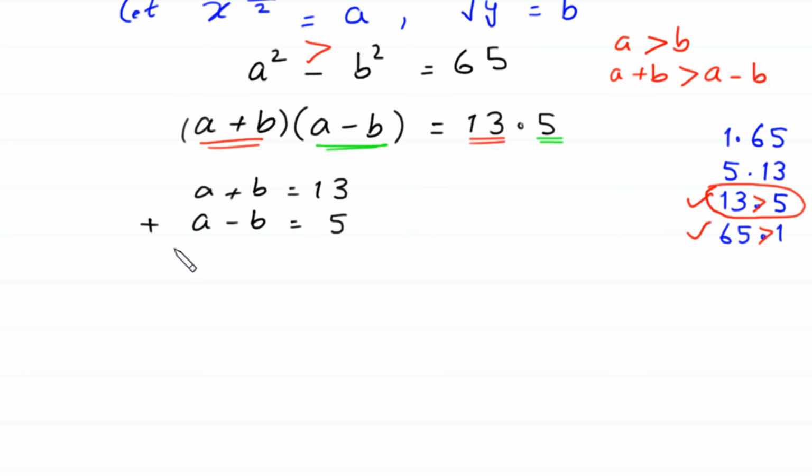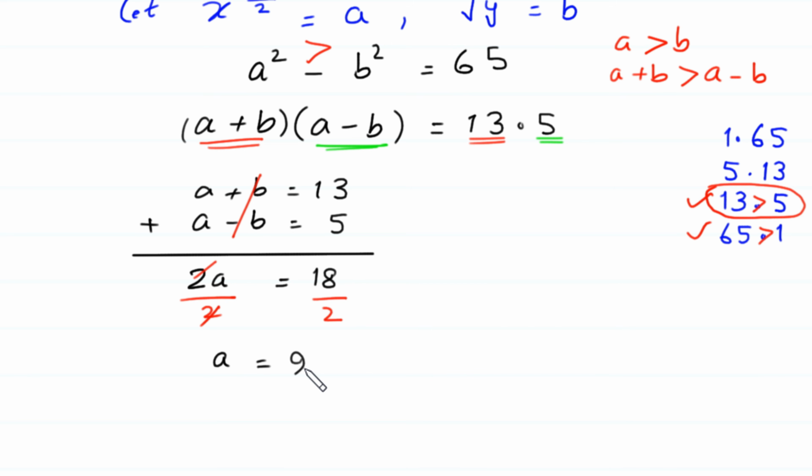And we add these two equations: a plus a is 2a, and this positive b will be cancelled with this negative b, is equal to 13 plus 5, 18. And we divide both sides by 2. This 2 will be cancelled with this 2, and a is equal to 9.